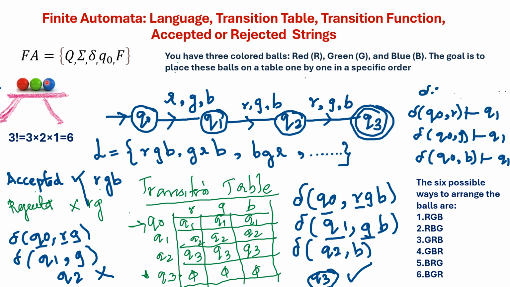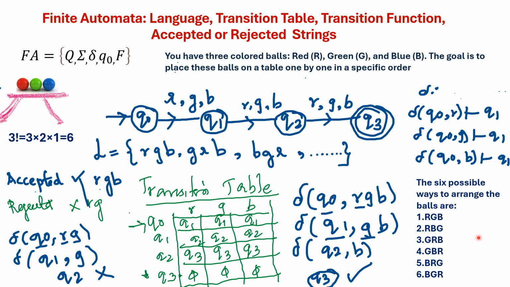But what is actually given in the problem must be 3 colors, 3 balls. So that's why we have to draw like this. If you give any one input, you are placing only one ball here. So we have to give at most all the possibilities for the transitions.